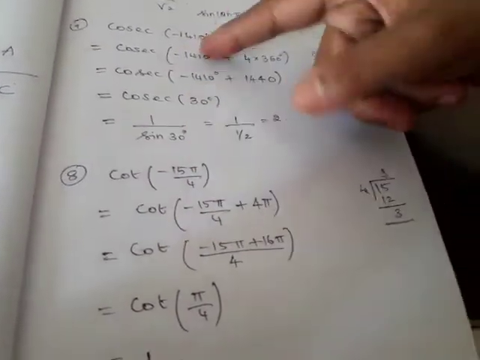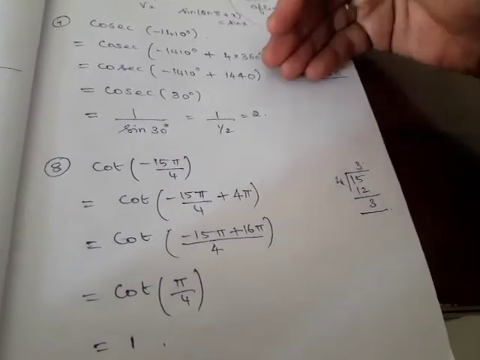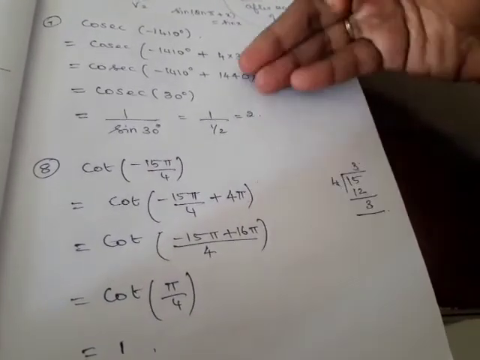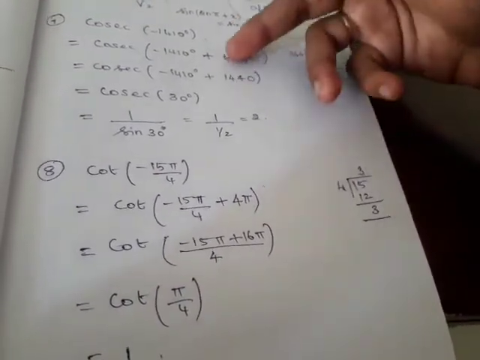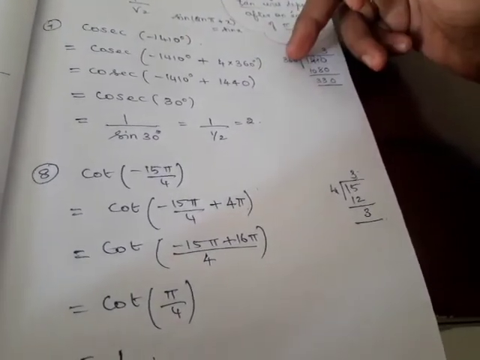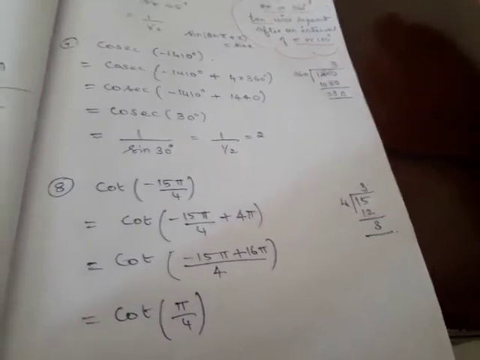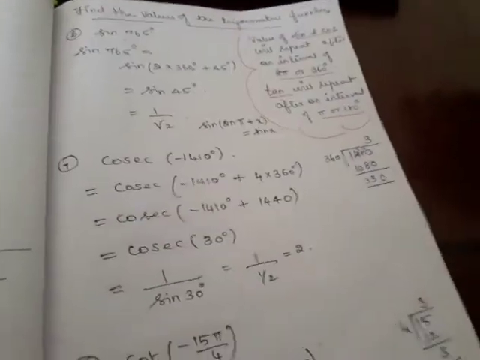Whenever you have negative angles, you have to add the multiple of 2 pi and multiple of pi according to the question. What is that multiple? How will you choose? By dividing the given angle by 2 pi or pi according to the question given, right? Hope you understood.